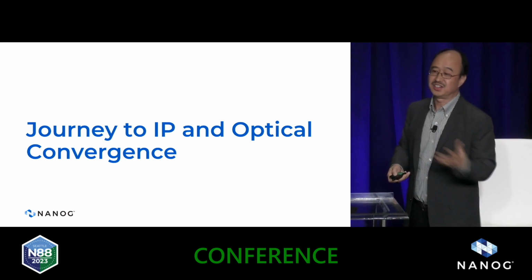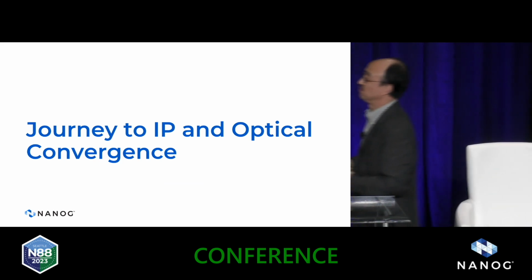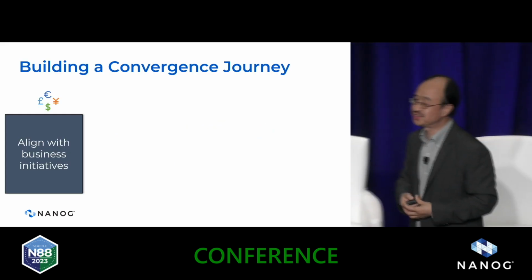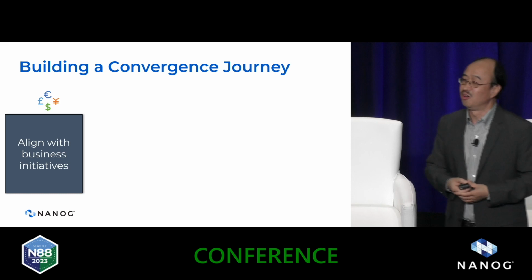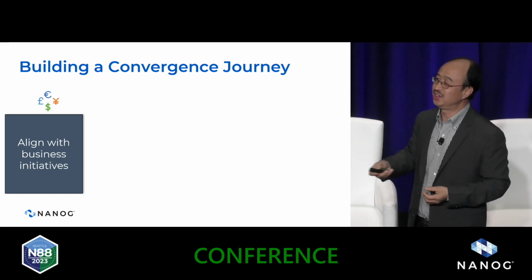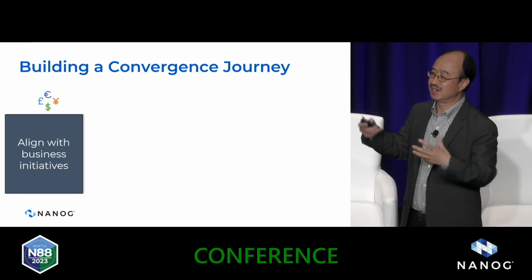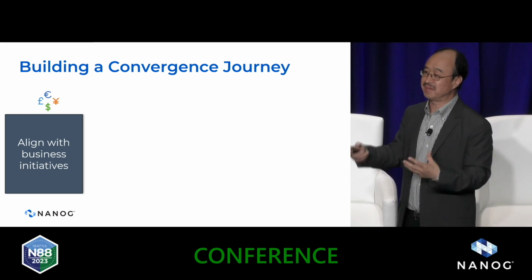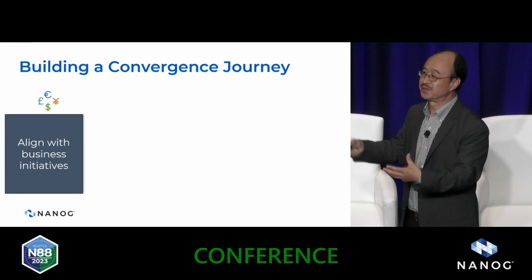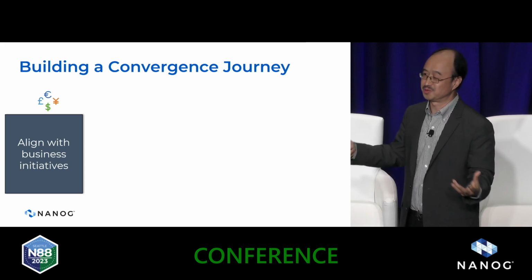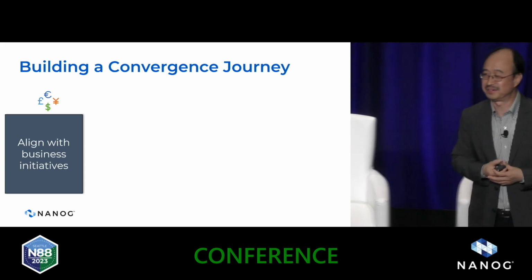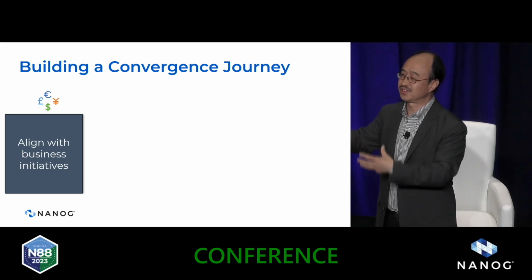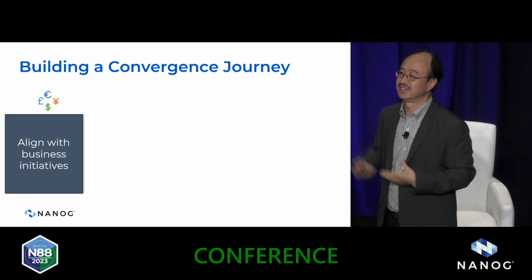Now let's look at how to get started with the convergence. To build a convergence story, one of the first few things you have to do is to align with the business initiative. We're doing architectural convergence not because we want to do it for the sake of technology, which we do as technical people, but you have to align with the business initiative so that you build the relevance to the business.